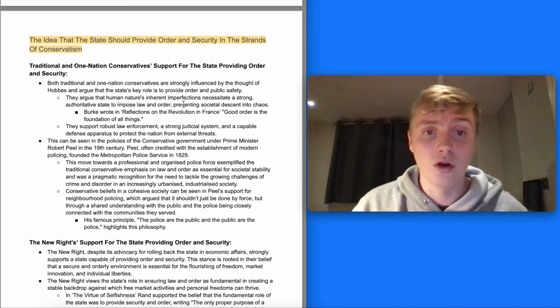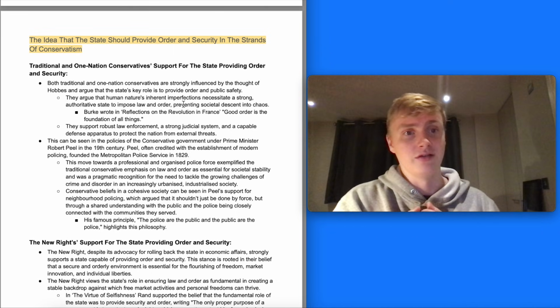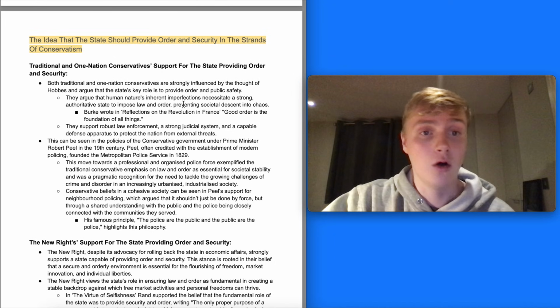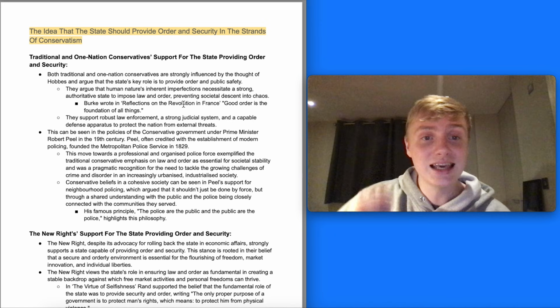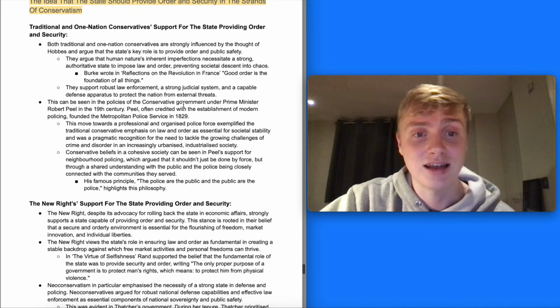So first, with traditional one-nation conservatism, they crucially support this idea of the state providing order and security, and are quite influenced by Hobbes. So they see its key role as providing law and order to prevent a descent into chaos.